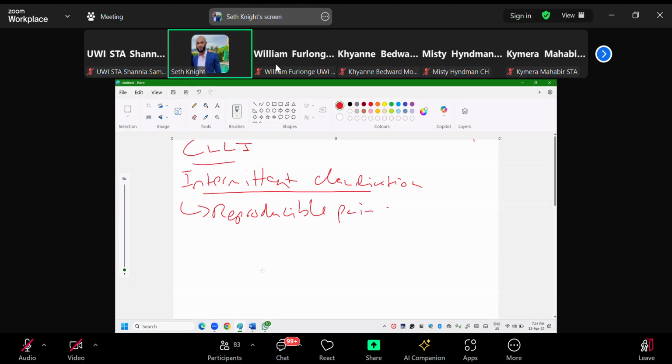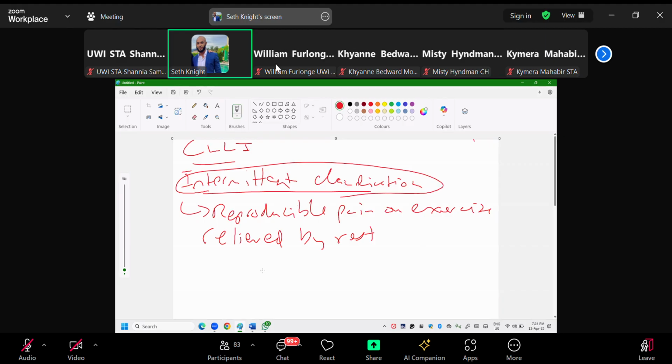Reproducible pain on exercise that is relieved by rest. Okay, so this falls under the category of chronic lower limb ischemia. This intermittent claudication is your lifestyle limiting ischemia. Versus what we have as critical limb ischemia.